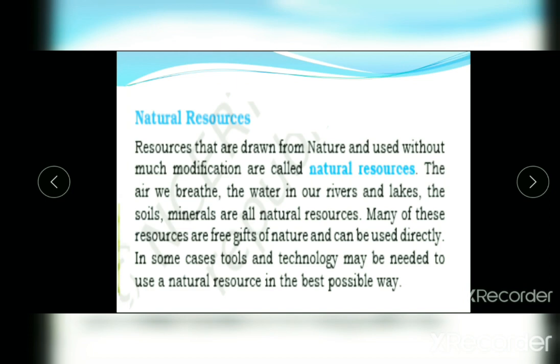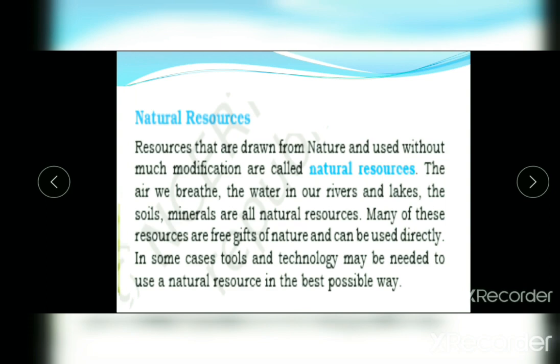Now, natural resources. Resources that are drawn from nature and used without much modification are called natural resources. The air we breathe, the water in our rivers and lakes, the soils, minerals are all natural resources. Many of these resources are a free gift of nature and can be used directly.